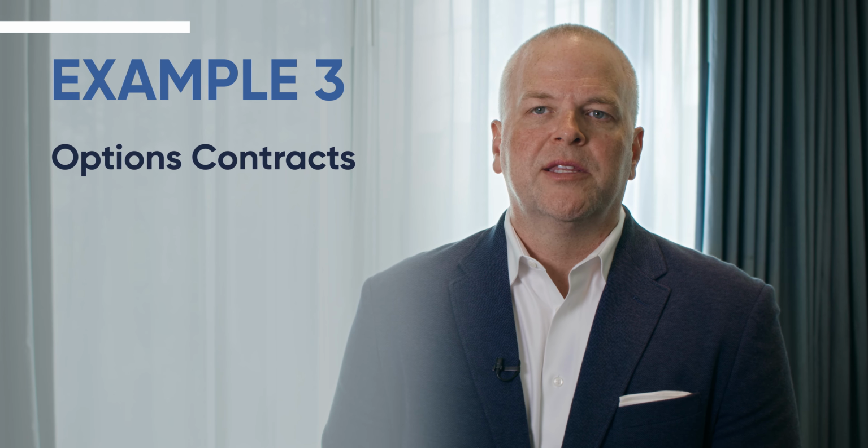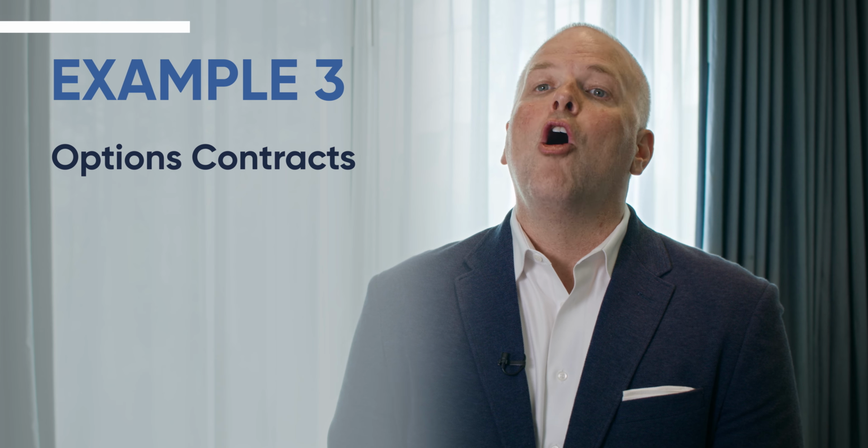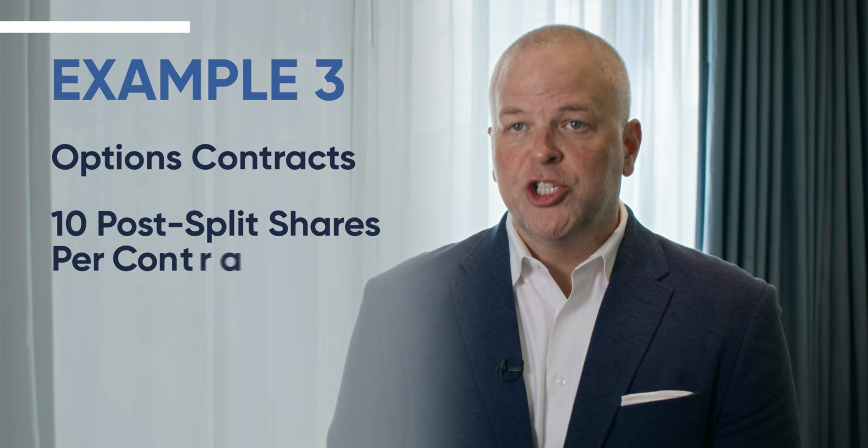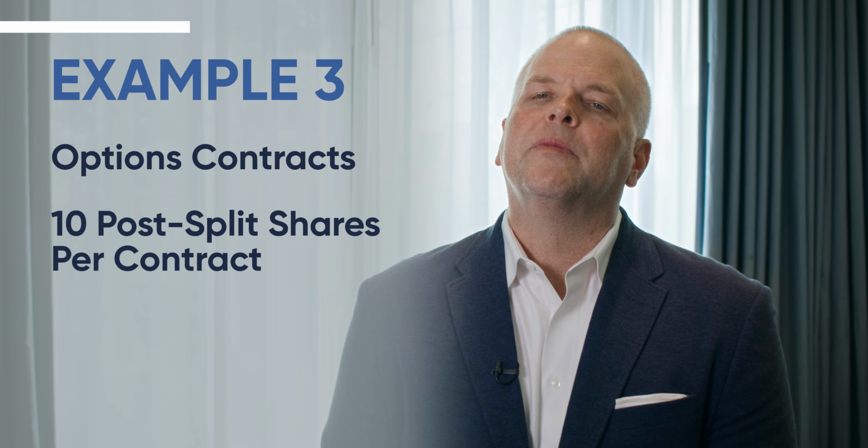To accommodate this change, options contracts that previously delivered 100 shares have historically been adjusted to call for the receipt or delivery of 10 post-split shares per contract in the event of exercise and assignment.